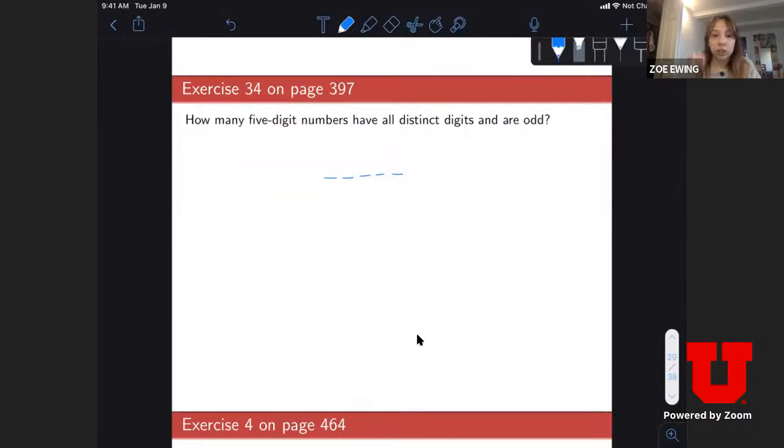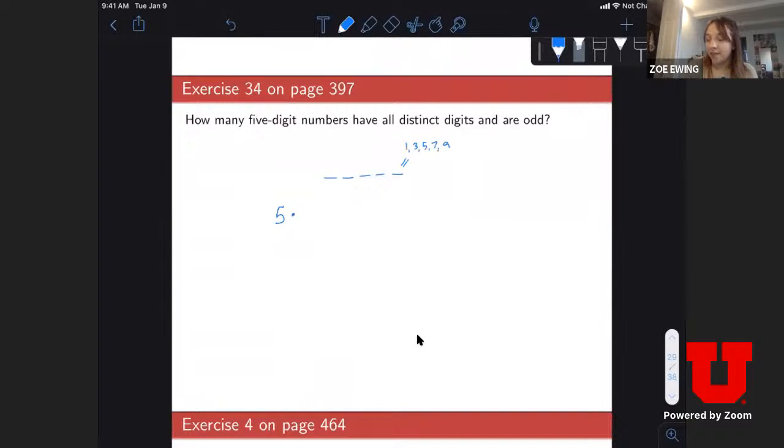Okay, so let's first pick an odd number for the last digit. And there are 5 ways to do that. So we'll just put 5. Okay. And then we're going to multiply because these are all in the same case, because we're saying first we want to pick an odd number and we want to pick something else. So that is either 1, 3, 5, 7, or 9.